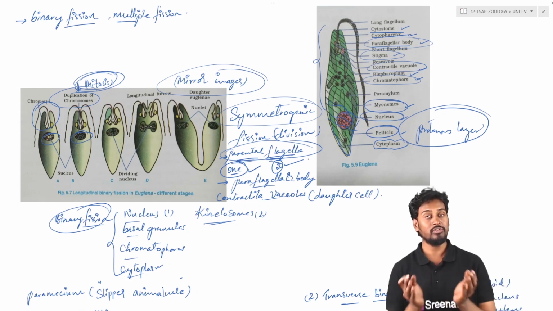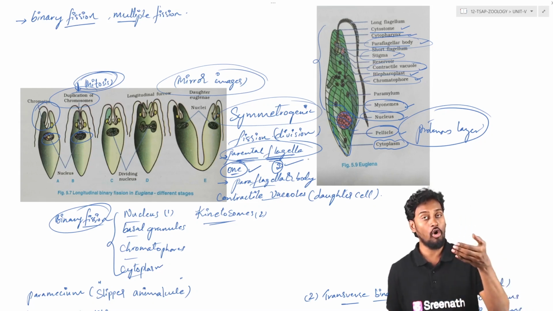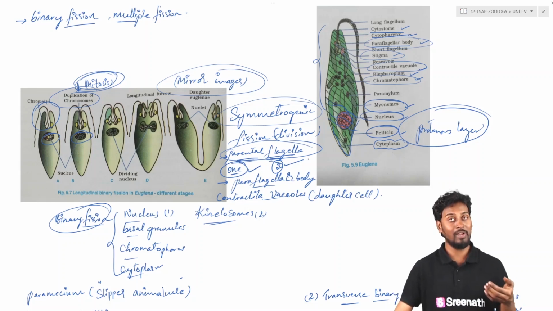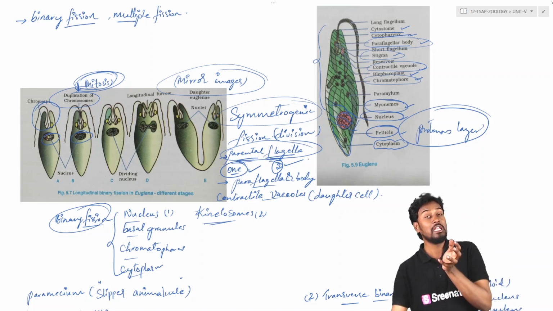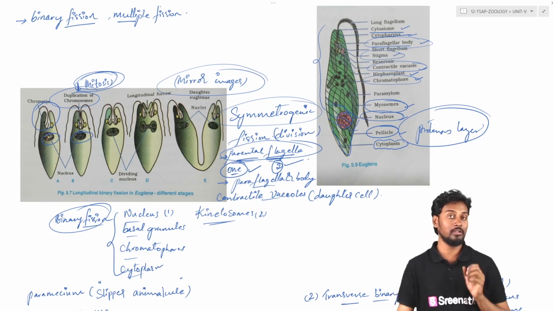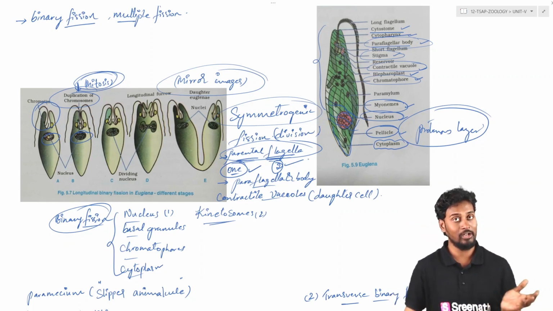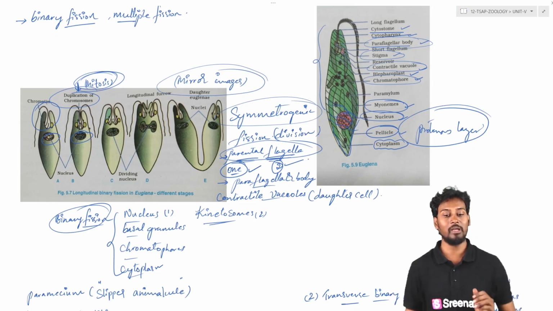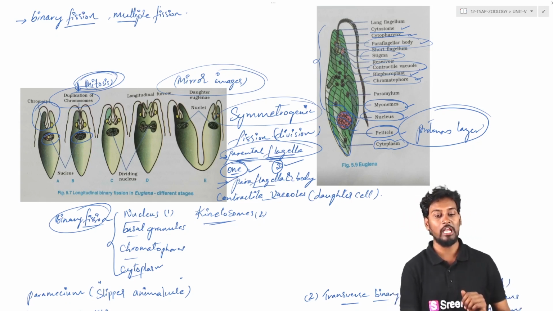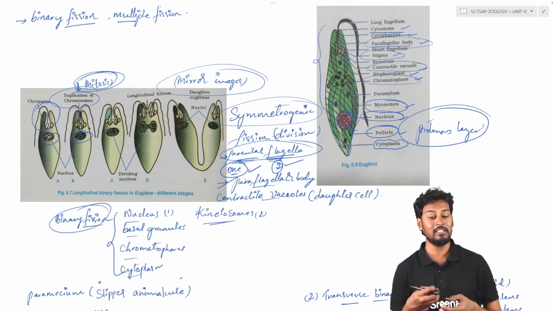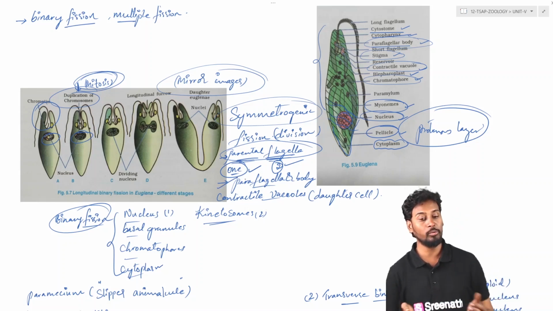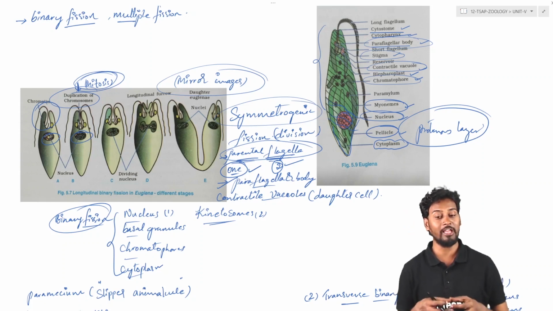So when division takes place, one of the daughter cells will obtain this particular parental flagella, whereas the other daughter cell will synthesize or produce its own flagella. Apart from this, we can also discuss that parabasal bodies are also generally distributed, and we can also see the contractile vacuole which is generally present here.